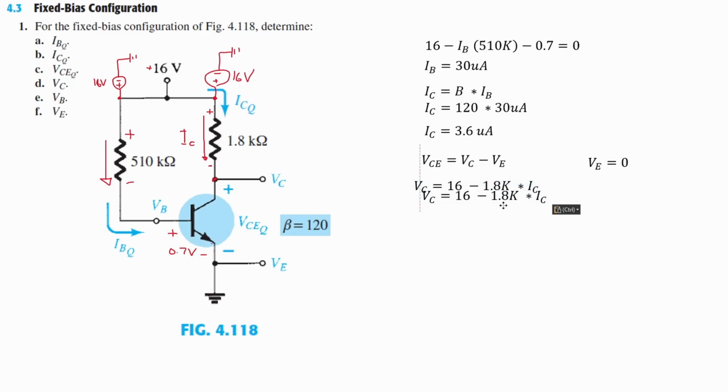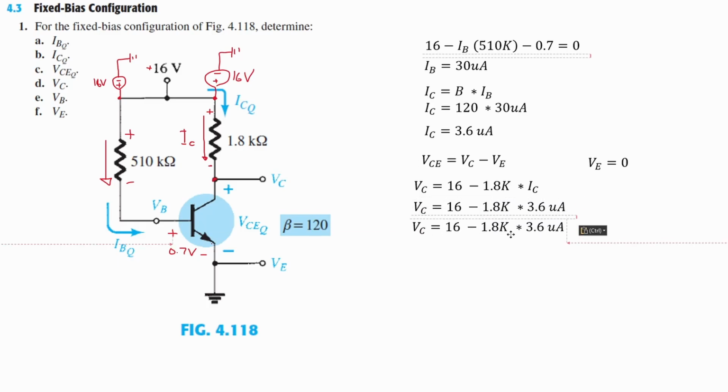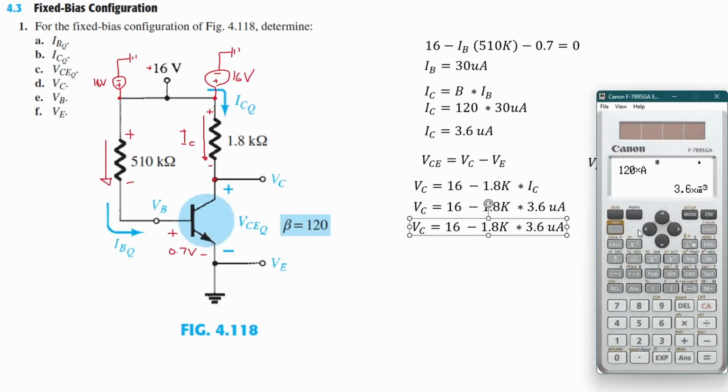And then, yung IC, given na siya na 3.6 microamps. Therefore, VC will be equal to 16 minus 1.8K times 3.6 microamps. Ayan. Equal siya sa 15.99.